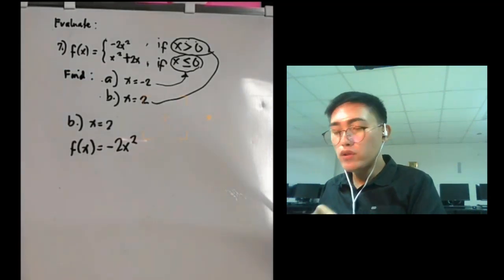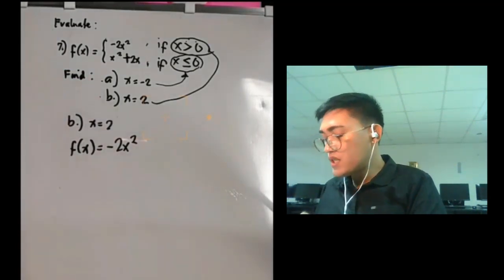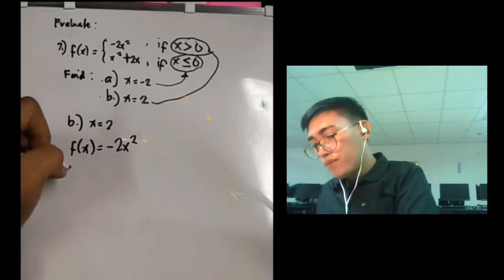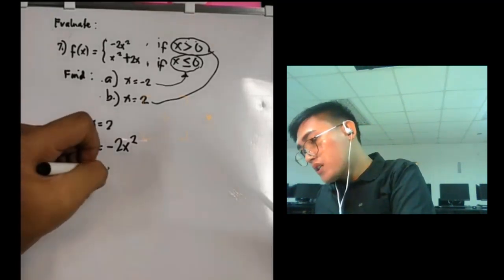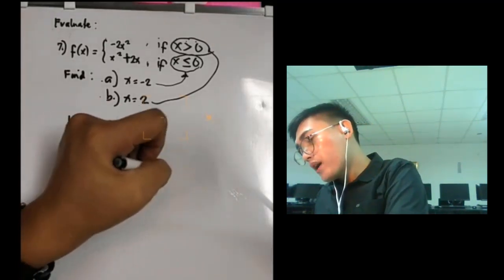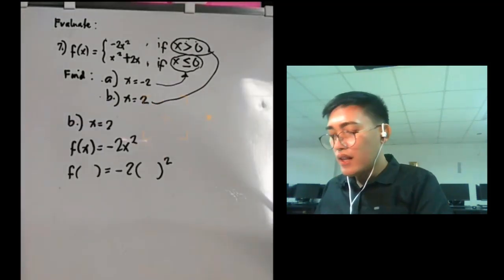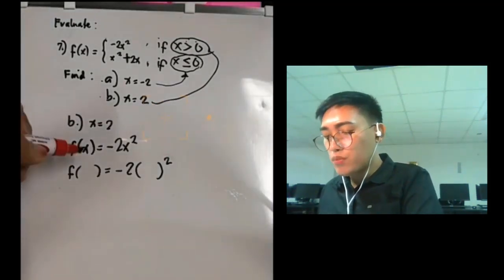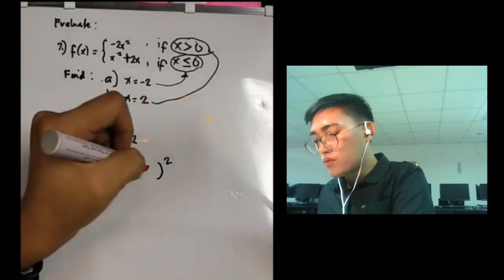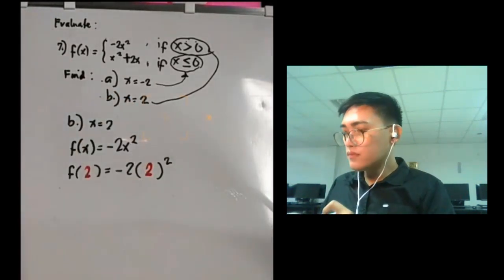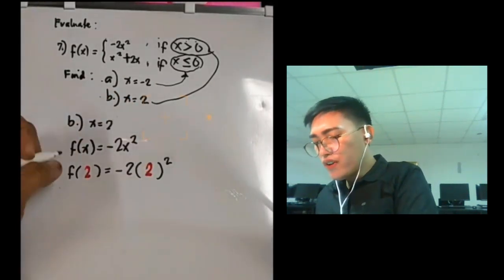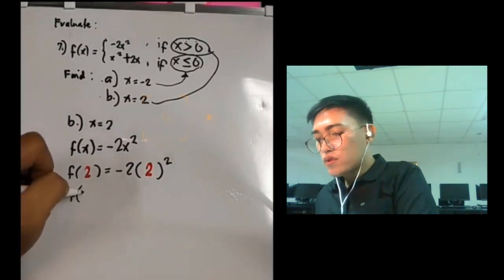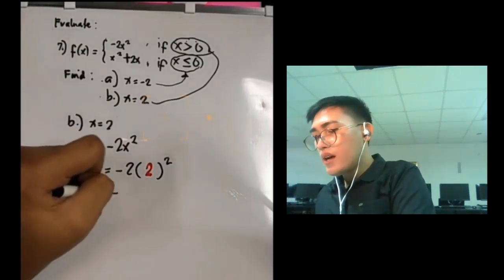Then what we are going to do here is, of course, to substitute. f of parentheses equals negative 2 parentheses squared. In the parentheses, you will just put positive 2. Then solve for it. F of 2 equals negative 2.